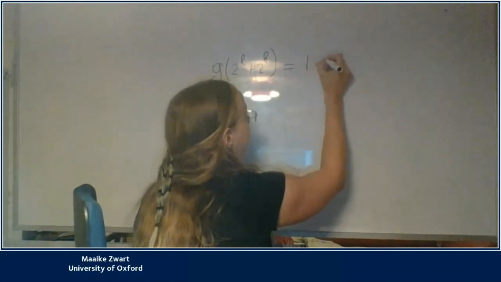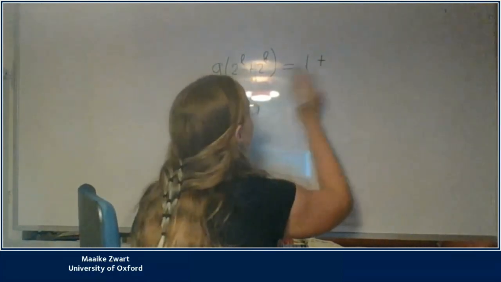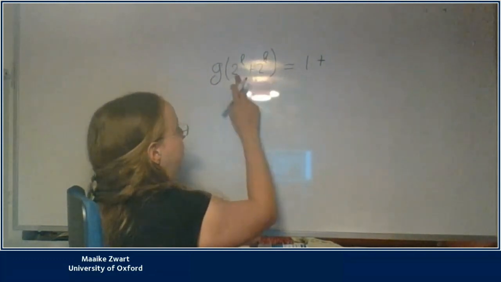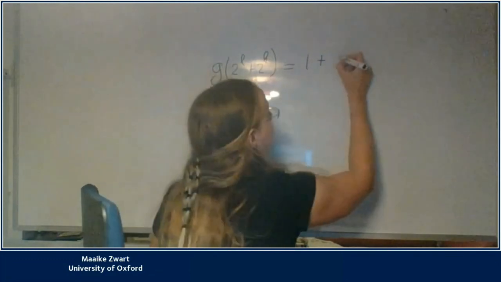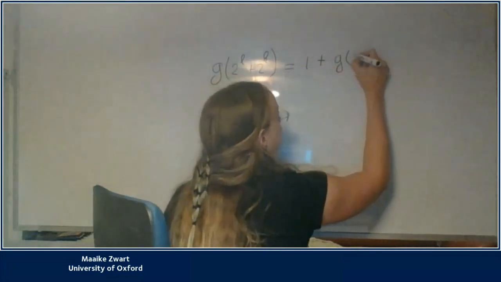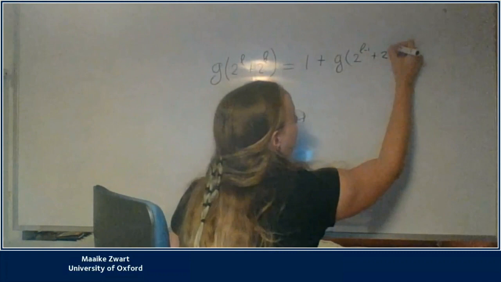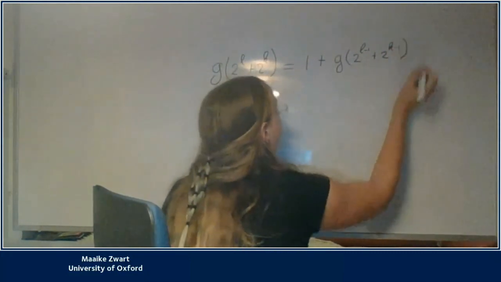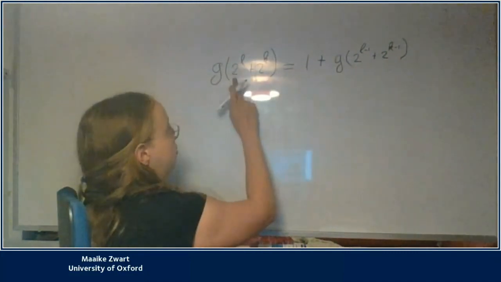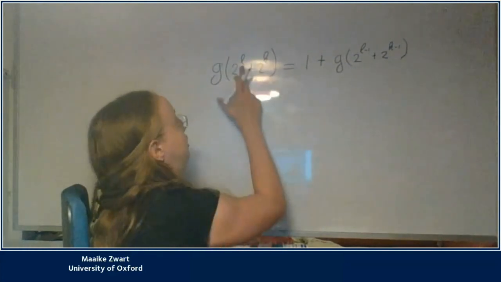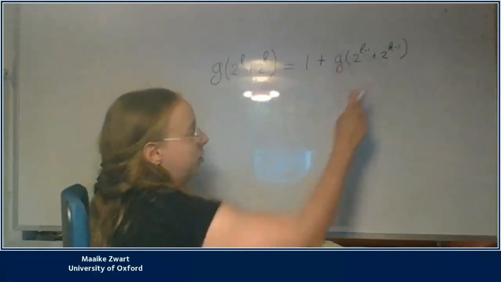So that is going to be 1 plus this number divided by 2. And this number divided by 2 will just be 2 to the power of L minus 1 plus 2 to the power of K minus 1. Because if I divide 2 to the L plus 2 to the K by 2, I have to divide both by 2, and that lowers their exponents by 1.